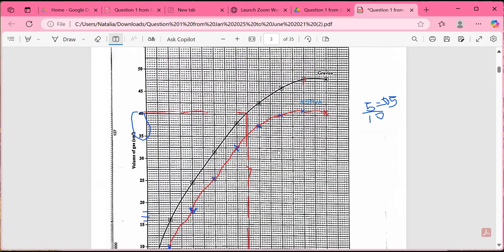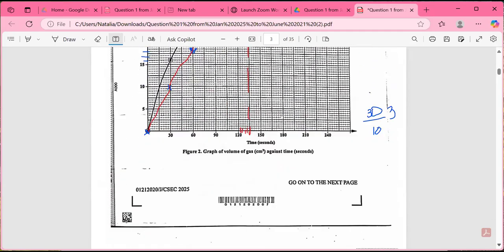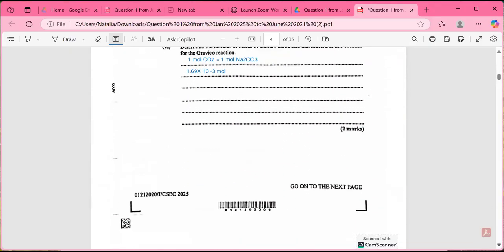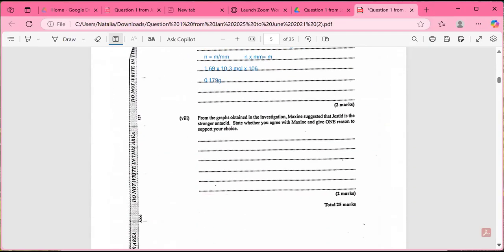Which one is a better antacid? Why is it better? Because more carbon dioxide was produced over the reaction time.